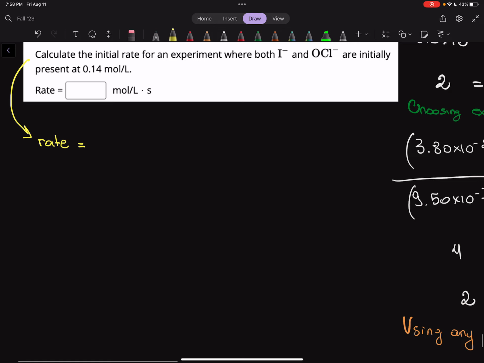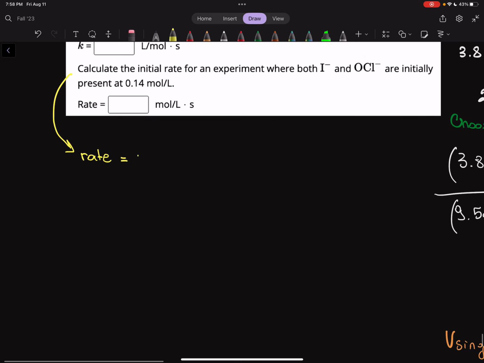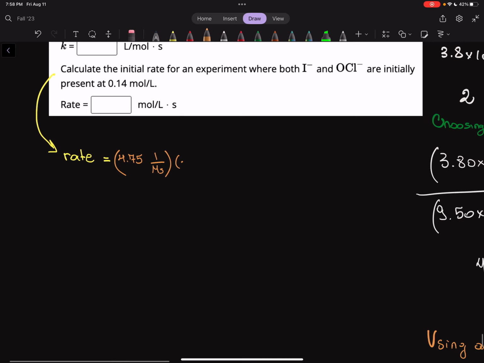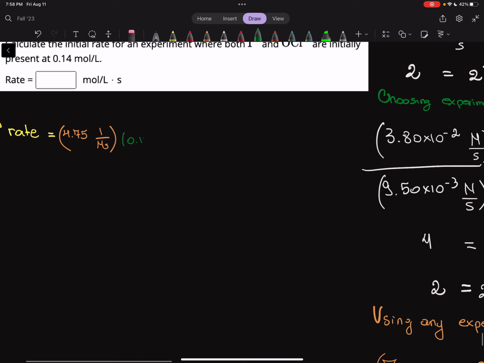So rate is equal to our K, which is 4.75, 1 over M s, right here, times 0.14 molarity and 0.14 molarity.